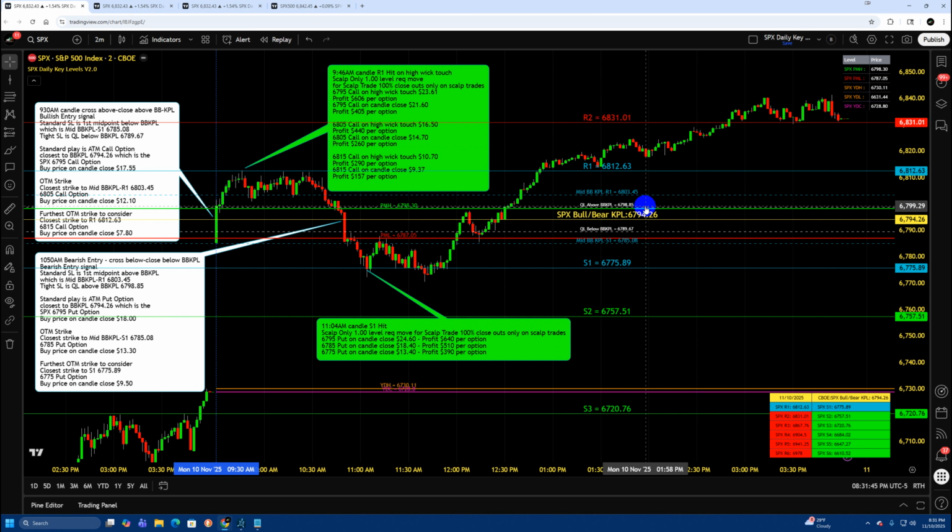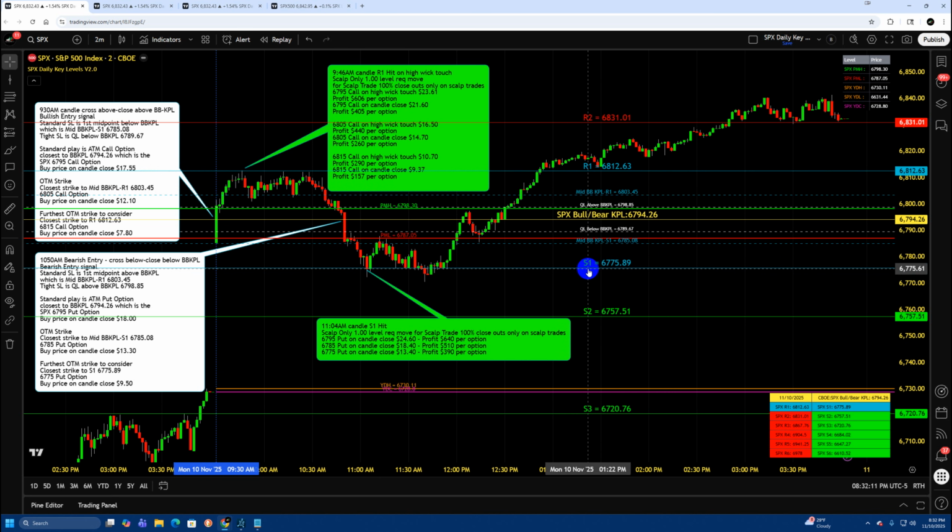For example, if you were taking a bullish trade off of R1, then your tight stop loss, if you choose to use that, would be the QL below R1. You would just turn that on in your user control panel. Whereas the standard stop loss on a bullish trade from R1 would be the first midpoint below, mid BBKPL R1.